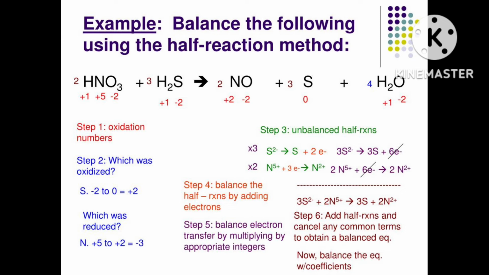Iodine was -1, now it became 0, so that ion has lost 1 electron. Loss of electron means the process is oxidation, and it is called the reducing agent. Oxidation process means reducing agent, the reverse. Don't forget, it is the reverse way.